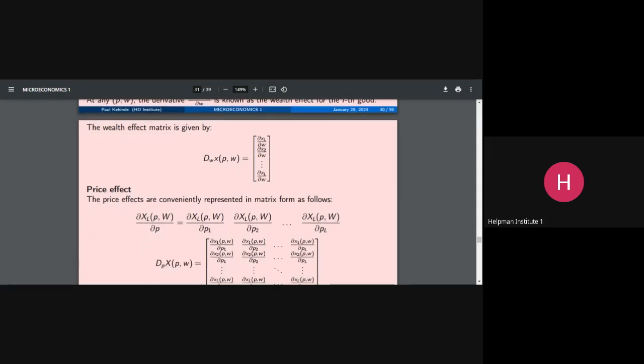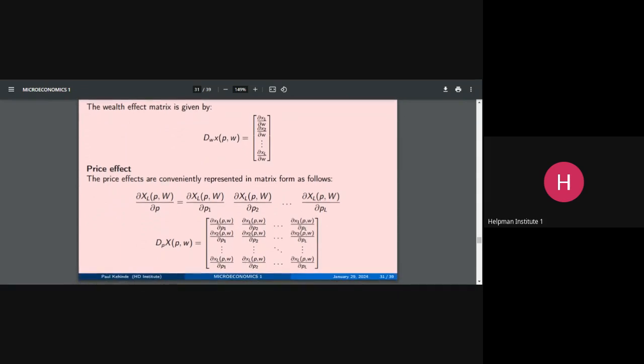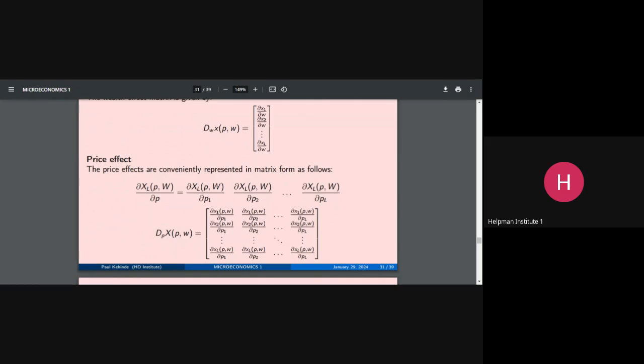So the price effect is a set of L by 1 matrix, or L by N matrix. What does that mean? It means that we have multiple prices for the same particular goods, depending on location and on time or season. That makes our weight changes at our price changes for a particular goods.